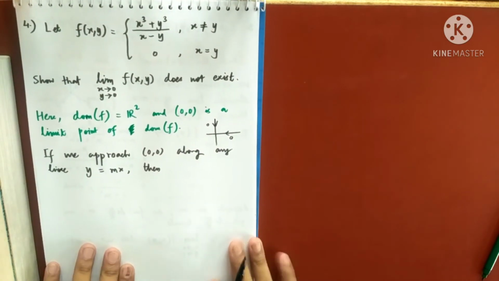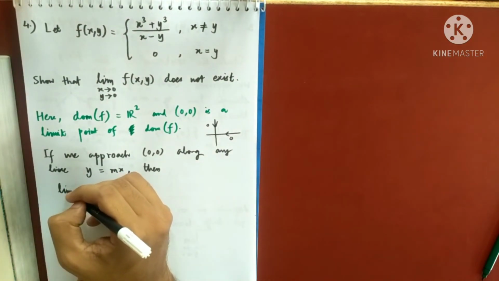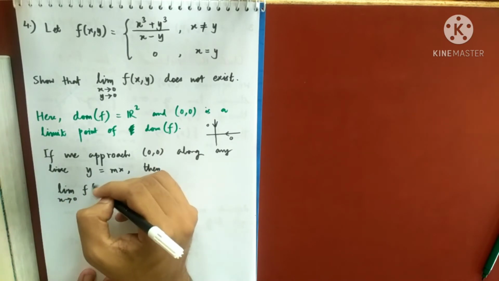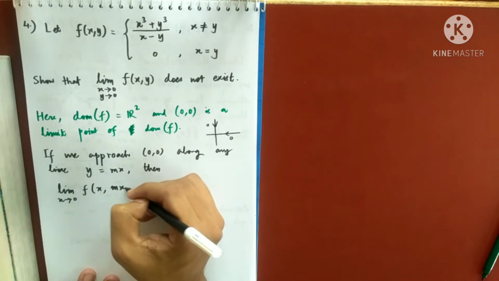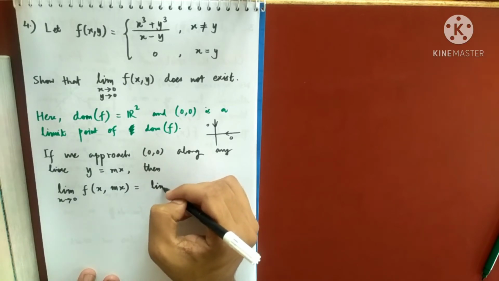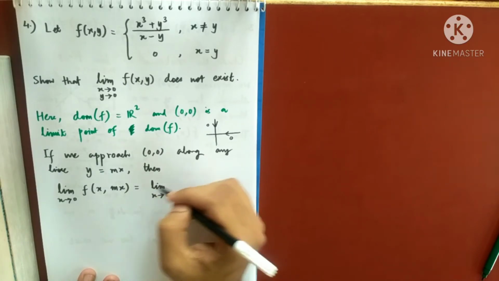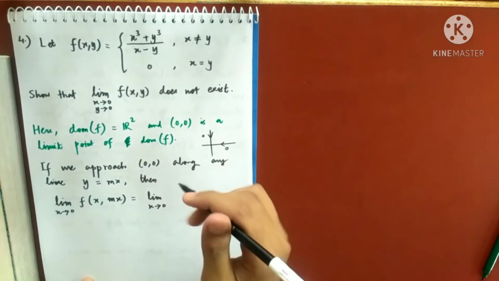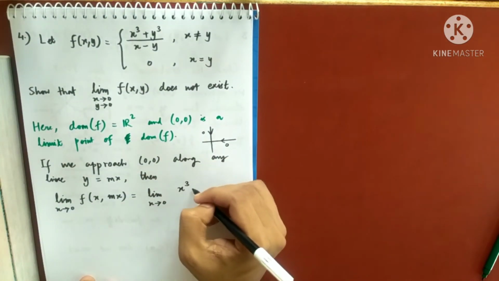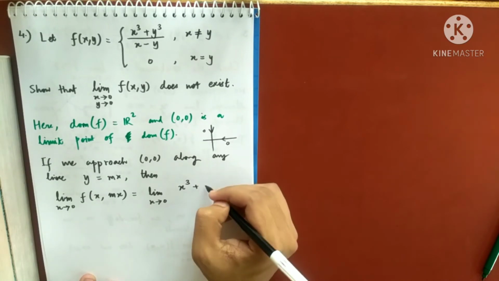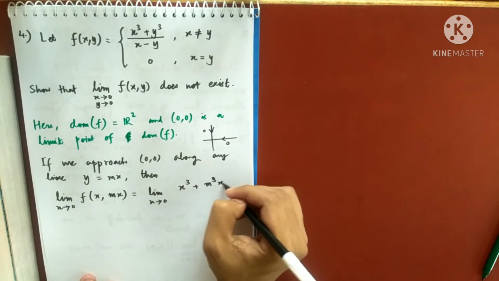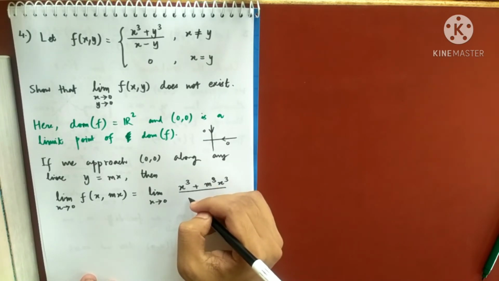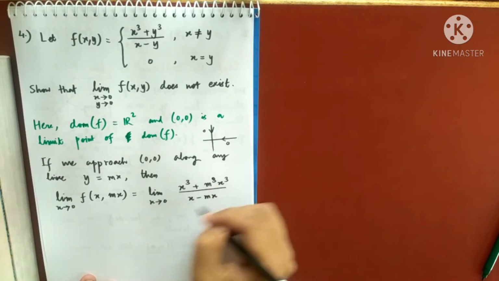Then the limit as x tends to 0 of f(x, y) is nothing but, instead of y, we have to replace mx. Keep that in mind. So x cube plus y cube, what is y cube? m cube x cube, by x minus mx.